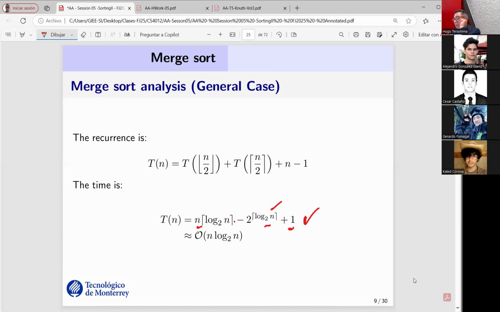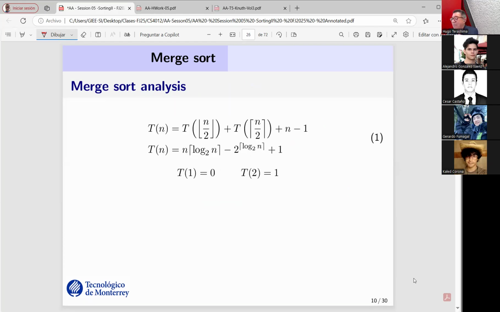And this is a constant, so this is the most important term here. And the complexity is going to be n log n. So this is what we want to demonstrate here in these steps. At the end, this general case is going to be n log n. That's the conclusion, but let's go to the steps here.